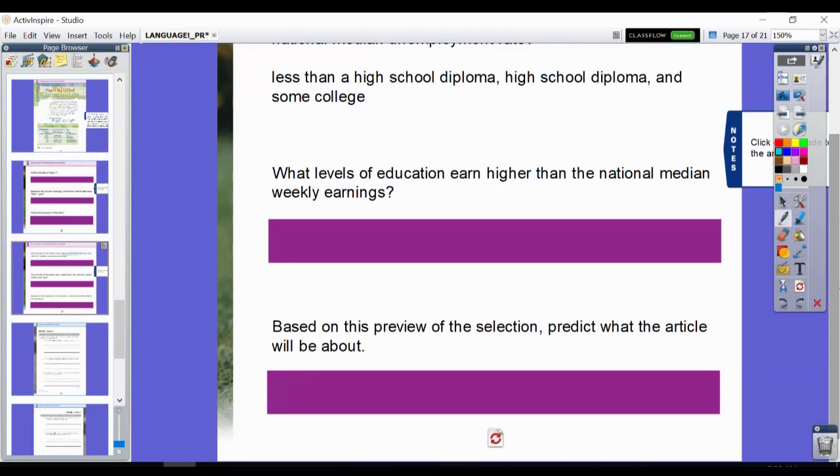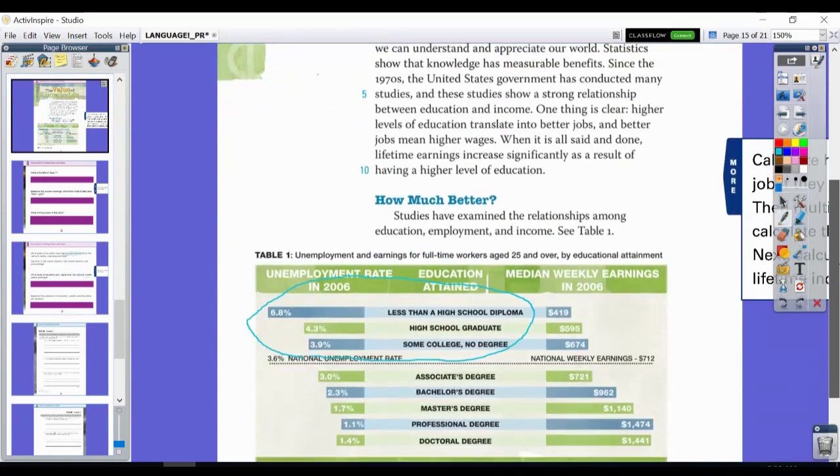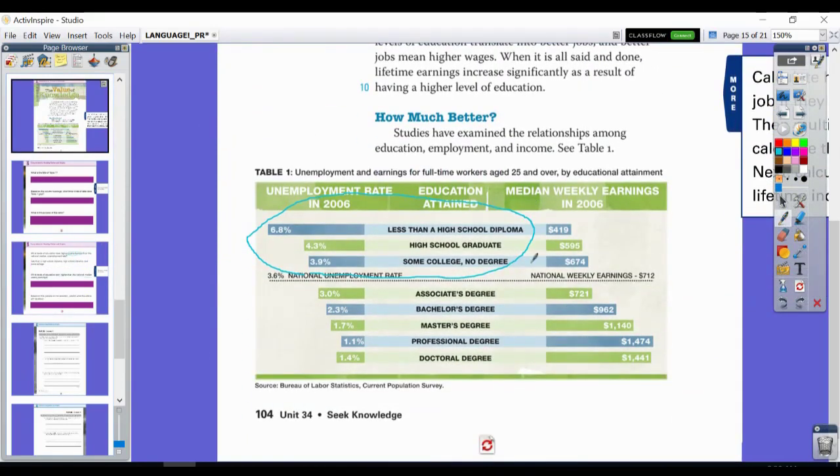Okay, let's look at our next question. What levels of education earn higher than the national median weekly earnings? So we are looking for levels of education that earn higher than the national weekly earnings. Okay, let's go to our chart. Here's our median weekly earnings. Let's do this in a different color. And let's look at our national weekly earnings. It's 712.